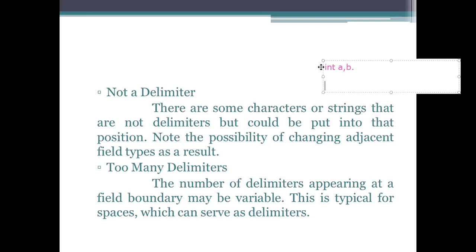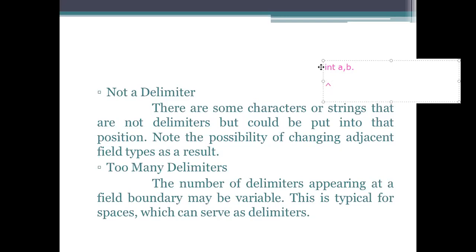And all the statements, all the symbols we are providing won't act as delimiters. Consider the caret. Here it has been specified as the starting of a string, so it is not a delimiter.